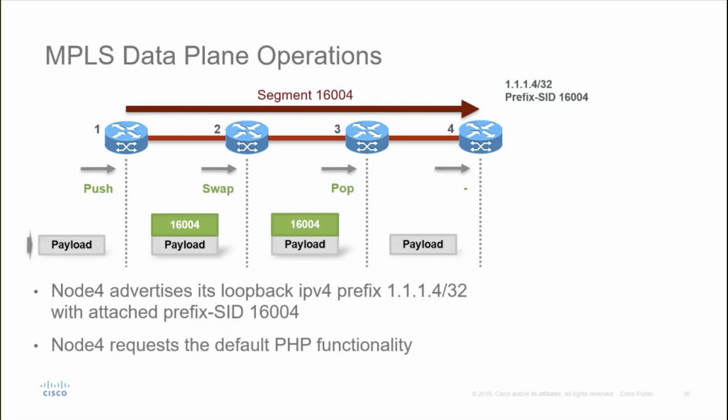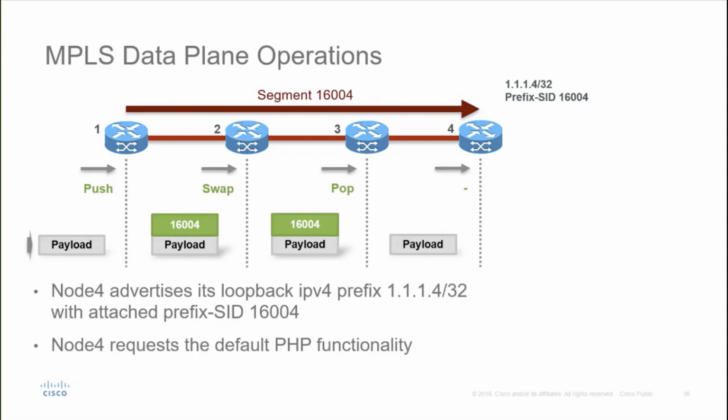Then the next part is you probably will have a service, a VPN. Let's say you have an L3 VPN, or you have an EVPN, or you have an internet BGP route, and those routes will be advertised by 4 with a BGP next hop of 1.1.1.4. Now we stop with the control plane, and now we look at what's happening in the data plane.